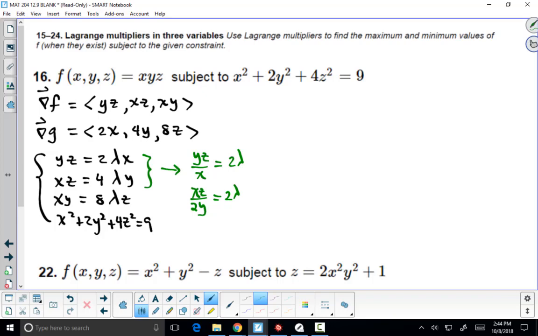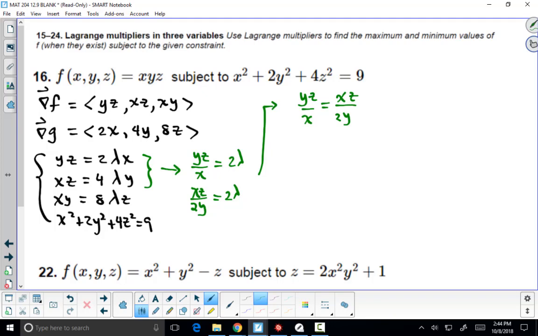There's so many ways to go. So we set those equal to each other. So we get yz over x equals xz over 2y. We'll have to be a little careful because we just made an assumption. We assumed x is not 0. We assumed y was not 0.